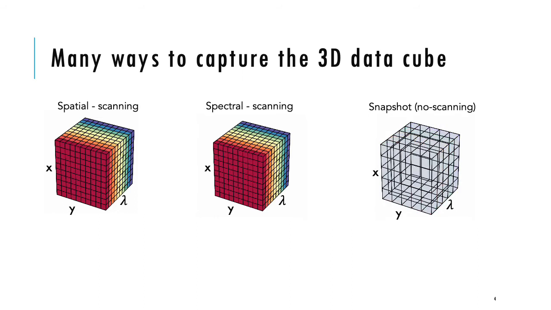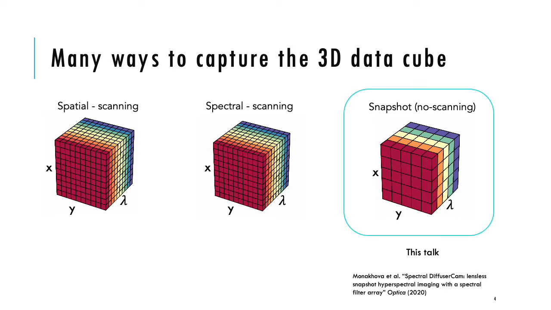The third method is snapshot imaging, which does not use scanning, and instead uses a spectral filter array placed directly on the image sensor. It aims to capture the full spatiospectral data cube with a single acquisition. This talk will focus on snapshot methods and adapt a technique our lab previously developed for photography.